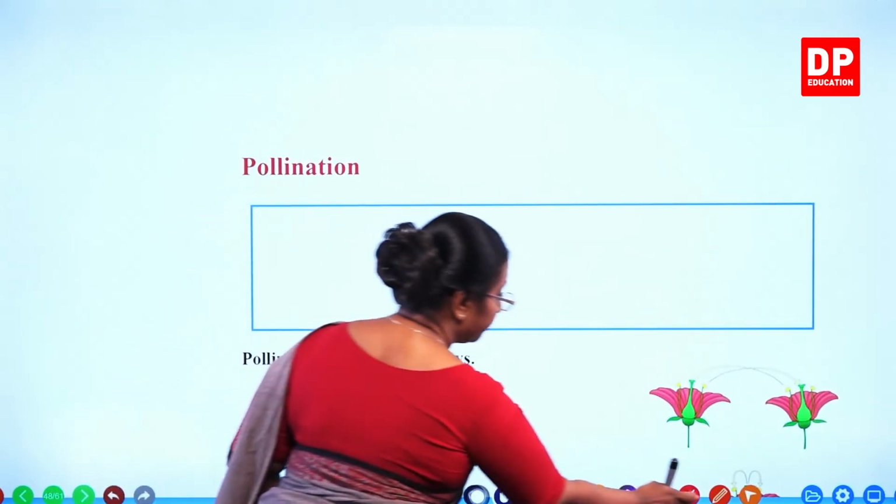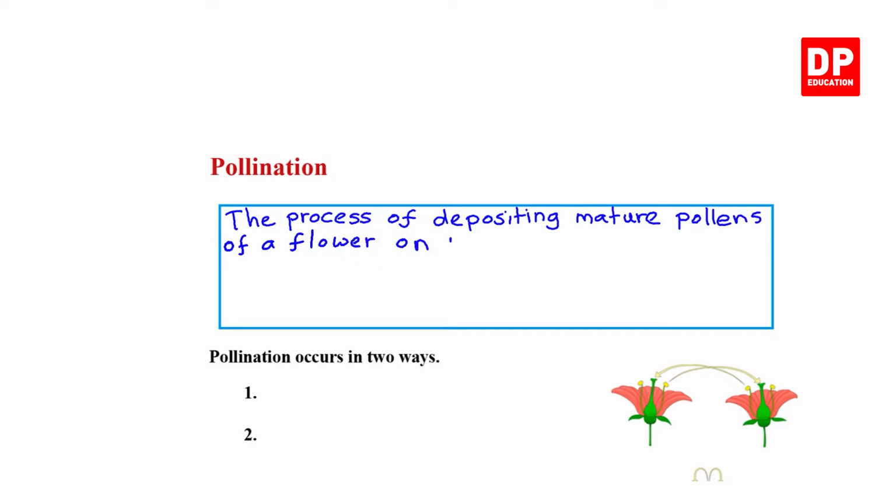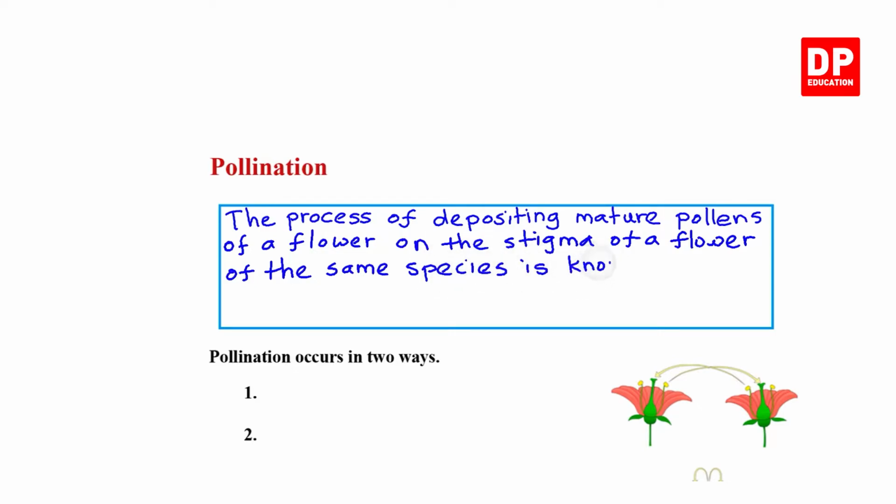So here we can say the process of depositing mature pollens of a flower on the stigma of a flower of the same species is known as pollination.